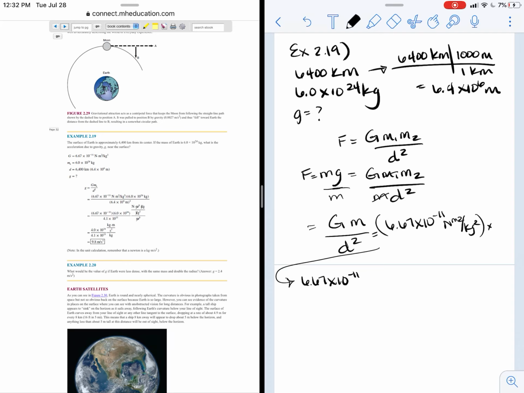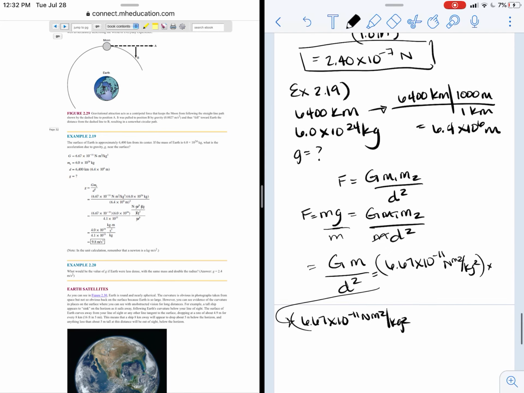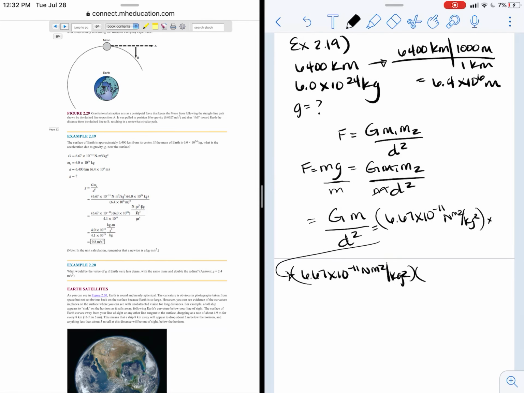So 6.67 times 10 to the negative 11th, Newton meter squared per kilogram squared, times the mass of the Earth, which is 6.0 times 10 to the 24th kilograms, divided by the distance squared.